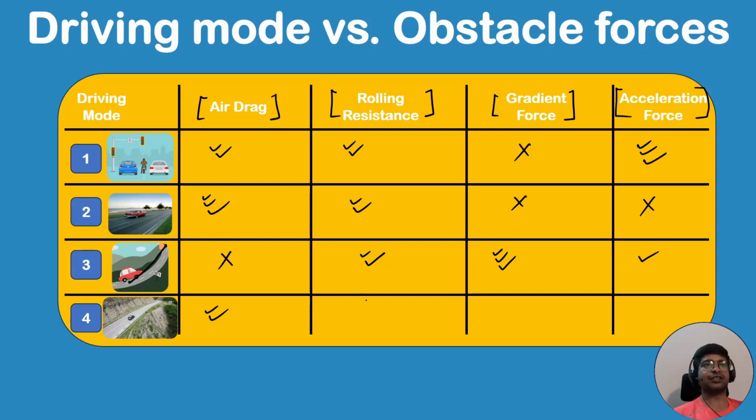Of course rolling resistance is going to be there, and we are driving the car on an inclined road or gradient road, and hence the gradient force is going to be there. And we are not trying to accelerate our vehicle, we are going at a constant speed, so the acceleration force will be zero.